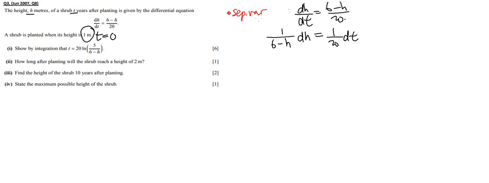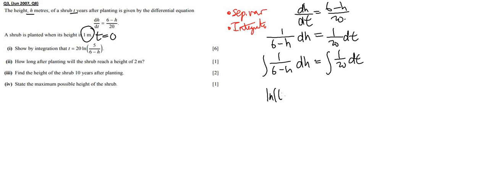Once I've done that, now I'm going to integrate. The integral of 1 over (6 minus h) dh equals the integral of 1 over 20 dt. 1 over something is going to give me the natural log of the denominator.